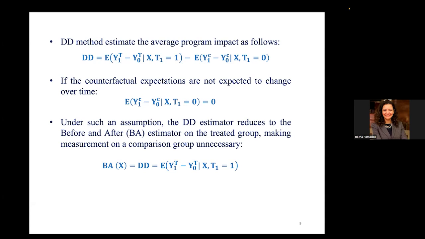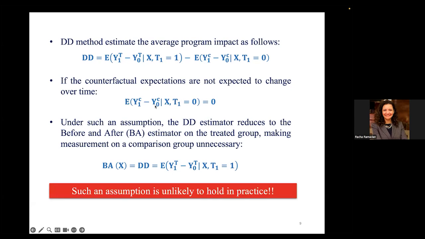And it would be easy. However, given the assumptions that we talked about in the beginning, the parallel trend, we expect that this part is not zero, that even the control group, we are assuming that their income would change over time, or our outcome variable of interest would change over time.